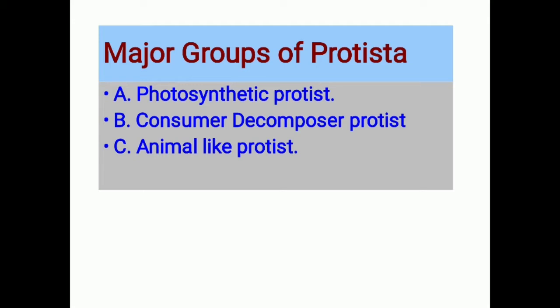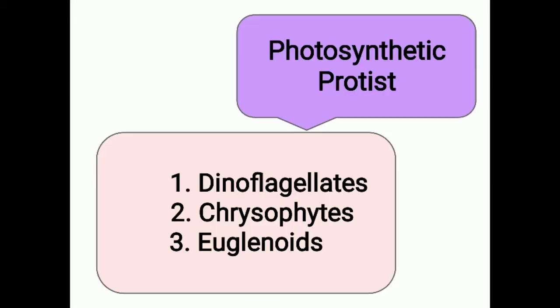Therefore, different kinds of organisms are of plant origin or sometimes consumer decomposers and some are of animal characters. So, on the basis of that, it is divided into three major types. Here we are going to discuss the general characteristics of these three types of protists along with their examples and their economic importance.